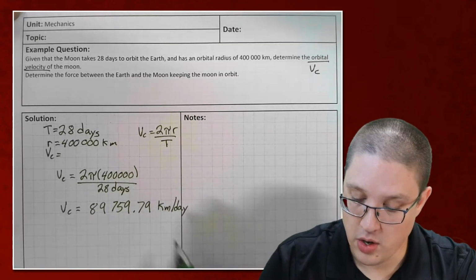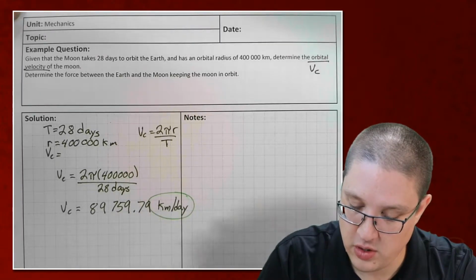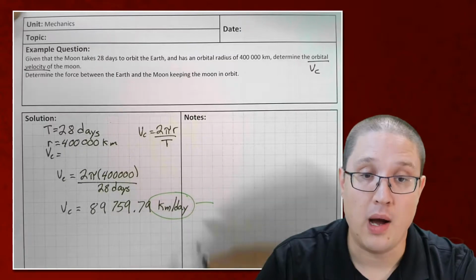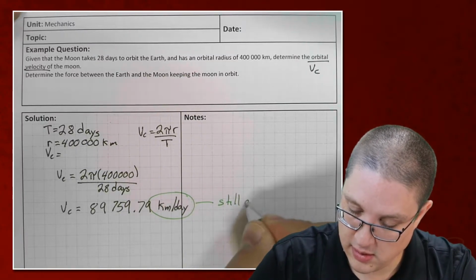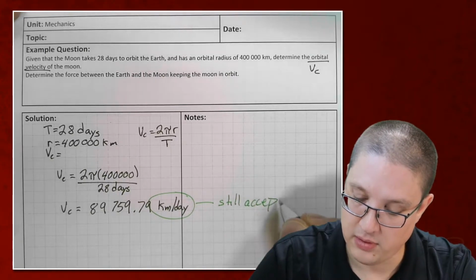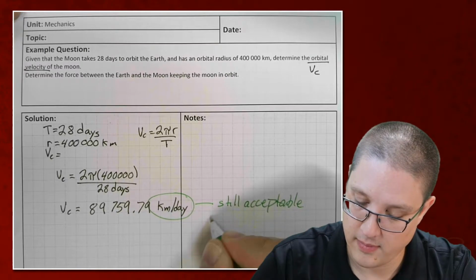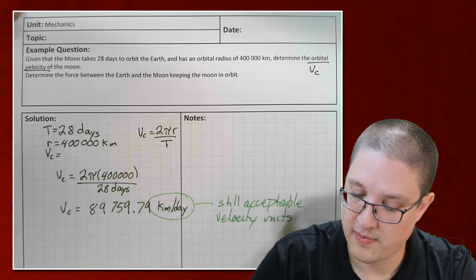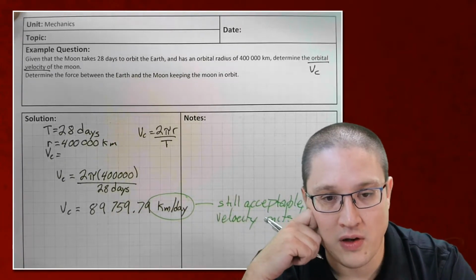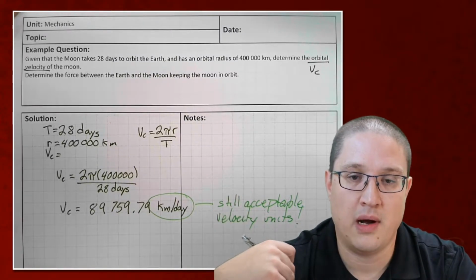Now, notice this is not a conventional unit for velocity, but this is still acceptable velocity units. A velocity unit just has to be a distance unit divided by a time unit.